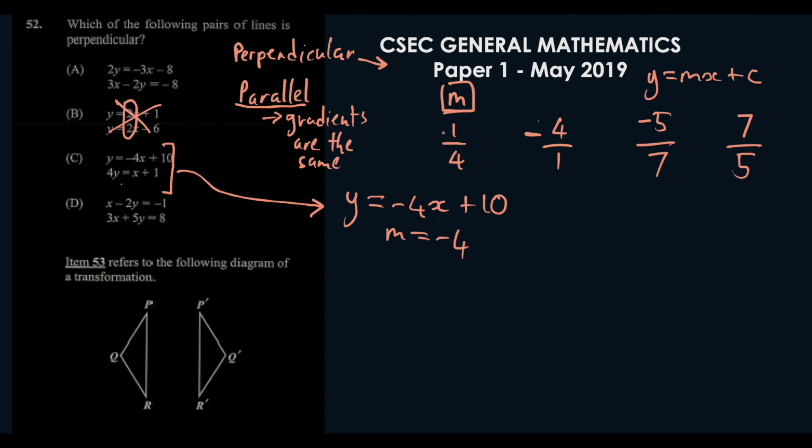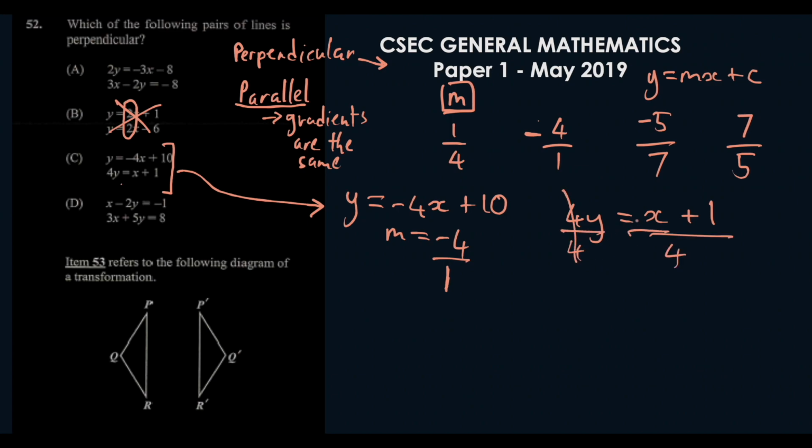So ironically, we did one like this. If I were to represent the gradient as a fraction, it would be negative 4 over 1. Okay, so that's the gradient of this. So let's do the line that we are comparing with, which is 4y equal to x plus 1. If you want to make y the subject, we have to divide both sides by 4.